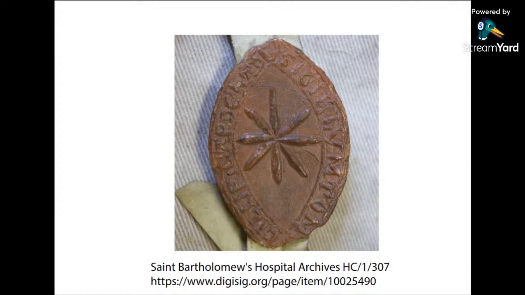So even quite humble people have seals, and the kinds of images that are depicted on them in some ways evoke that lower level of social standing. So this is the body of material that I'm working with. Seal matrices, which are the stamps, and seal impressions, which are the manifestations of those matrices as attached to documents.